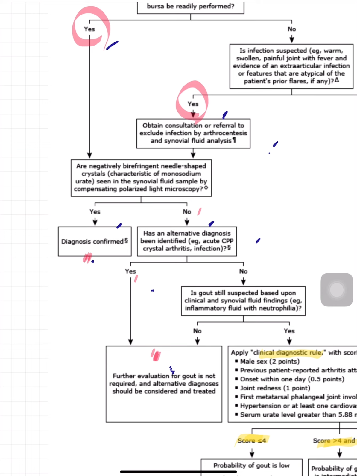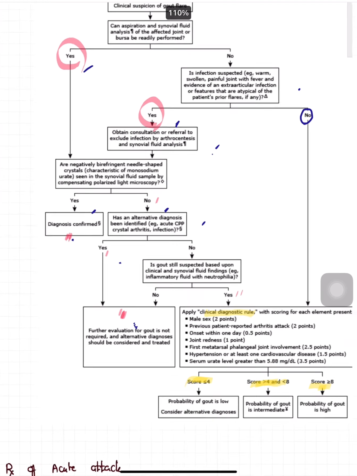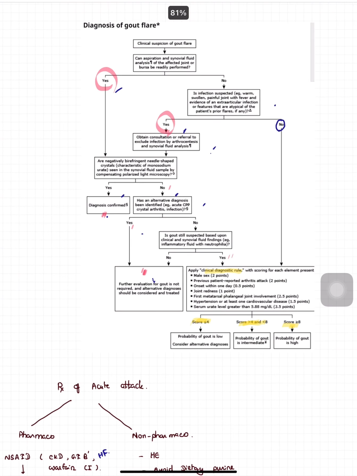And if gout suspicion is still high, we can also use the clinical diagnostic rule in this case. So in this scenario, I would like to place emphasis on the clinical diagnostic rule.